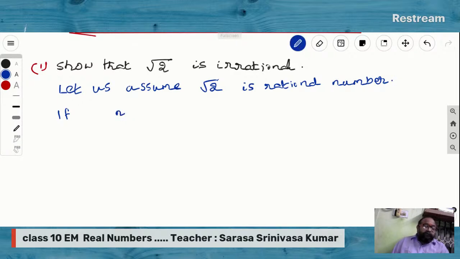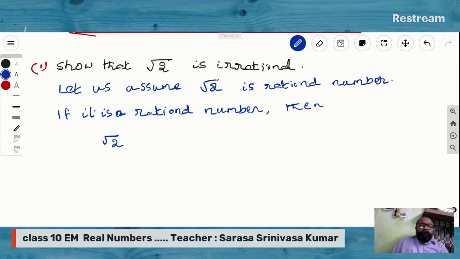If it is a rational number, then square root of 2 equal to A by B. Here A and B are co-primes.